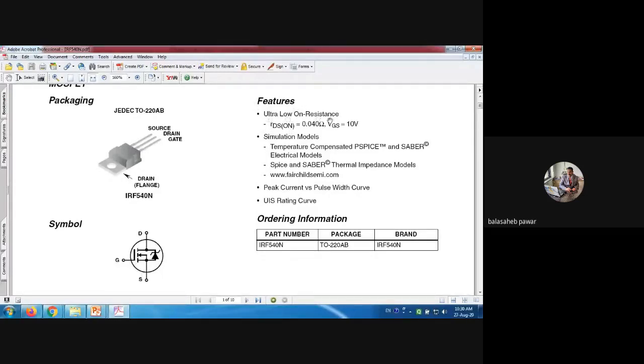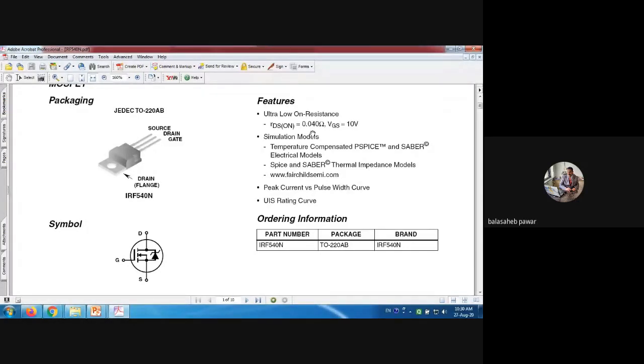Why is it mentioned? Because the manufacturer says that whenever you apply VGS equal to 10 volts, RDS on will be 0.040 ohm only. That means this transistor is going to act as a perfectly closed switch, and that is our requirement in this application, right?